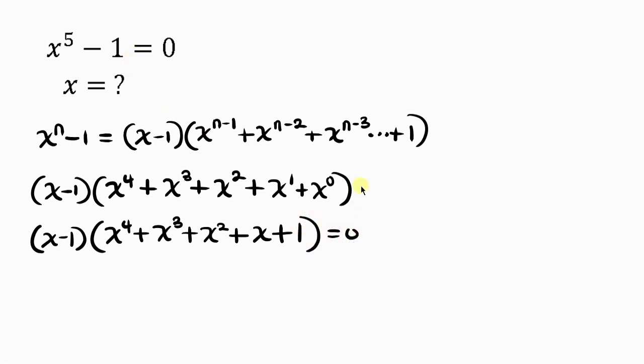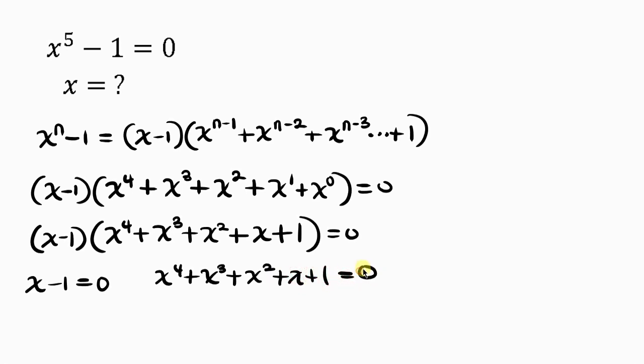So I'm supposed to equate this to 0. Good. Now we have two cases. We have x minus 1 to be equal to 0, or we have x to the 4th plus x cubed plus x squared plus x plus 1 is equal to 0. Now we're going to be solving these cases one after the other.